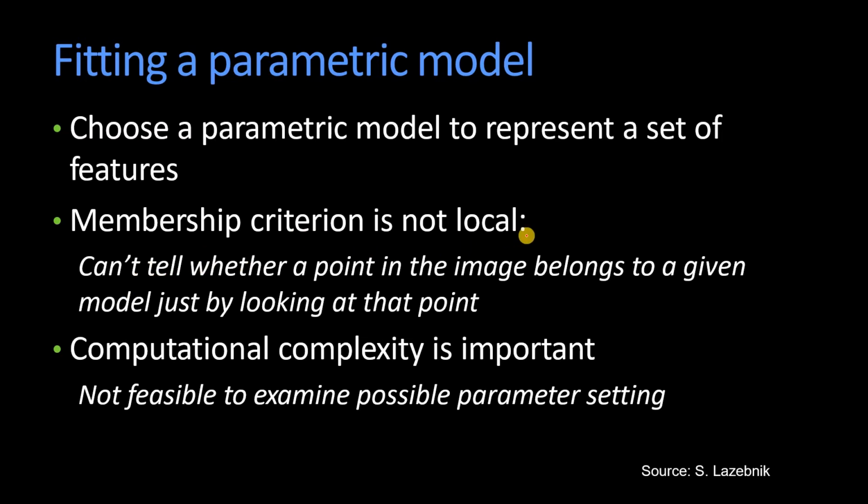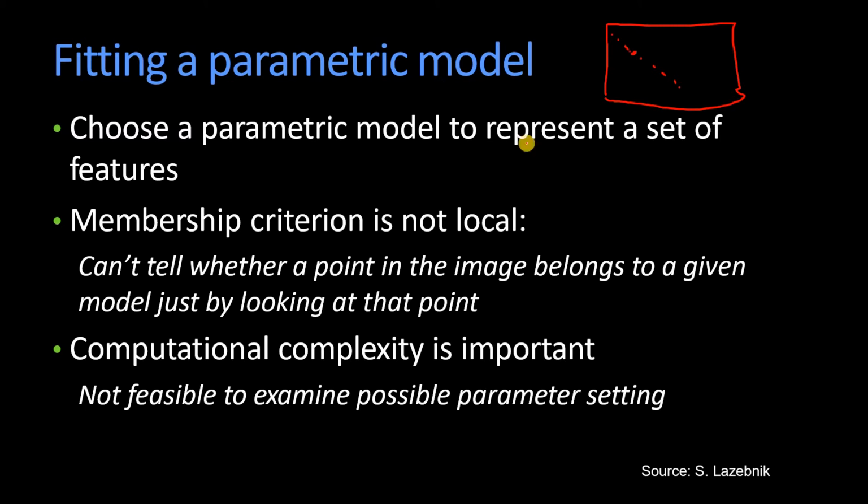the membership criteria, you don't keep it local. You can't tell whether a point in the image belongs to a given model just by looking at that point only. So always, if you want to find out, for example, a line, you cannot say in the image that this pixel belongs to a line or not. You cannot decide based on only one pixel. You have to see all the pixels that are coming in a sequence.